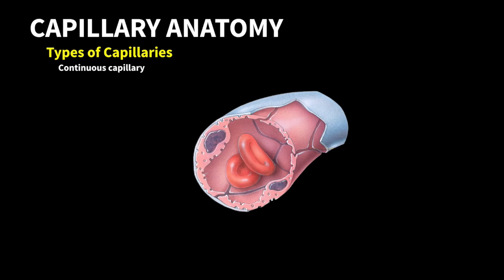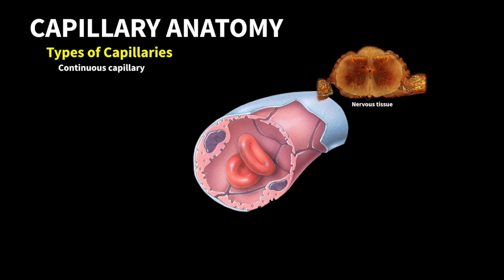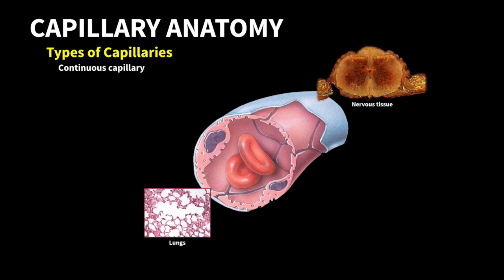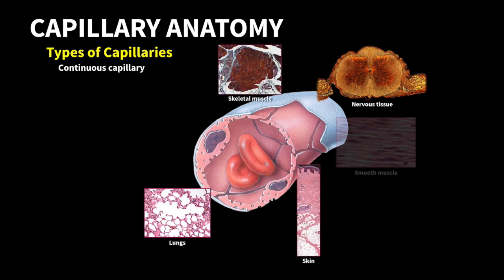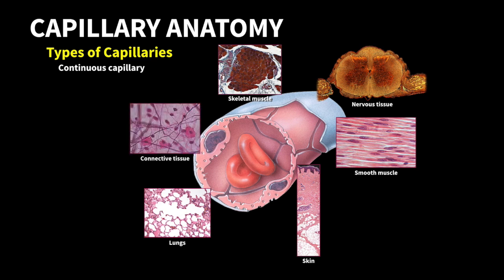This type of capillary is found in the central nervous tissue, lungs, skin, skeletal muscle, smooth muscle, and connective tissue.